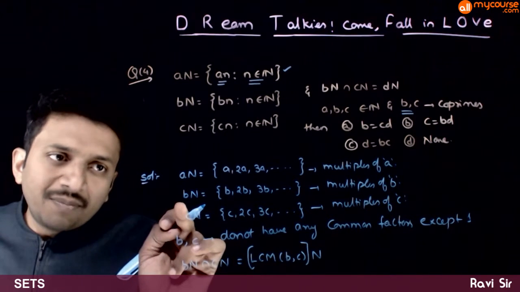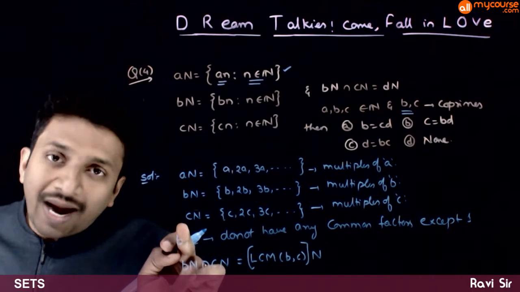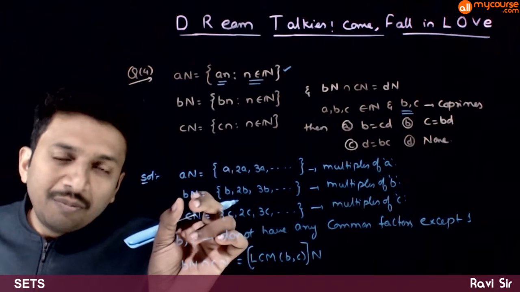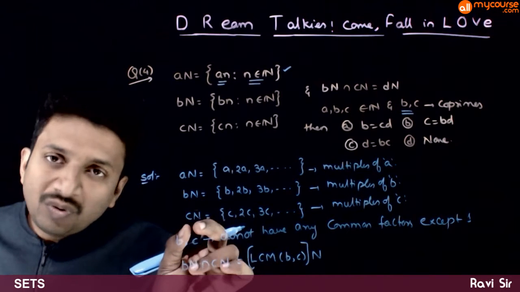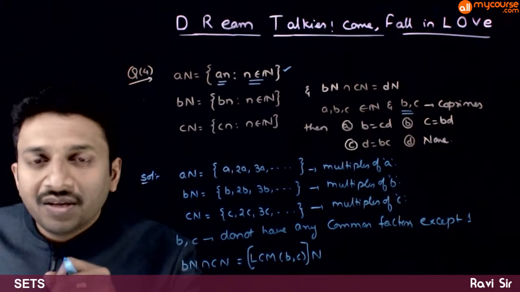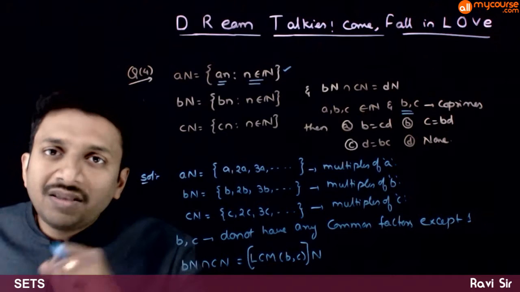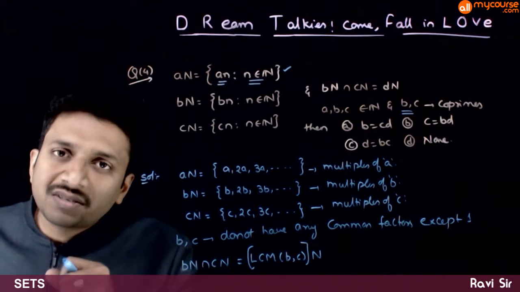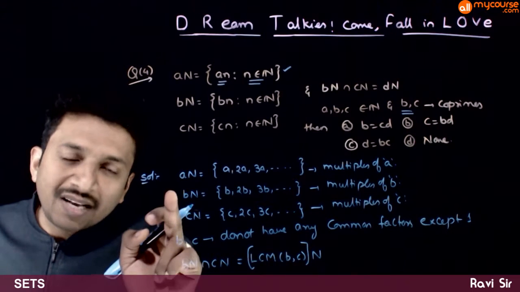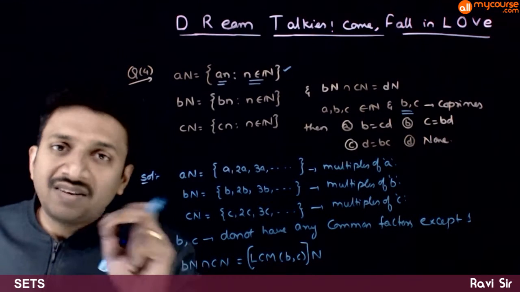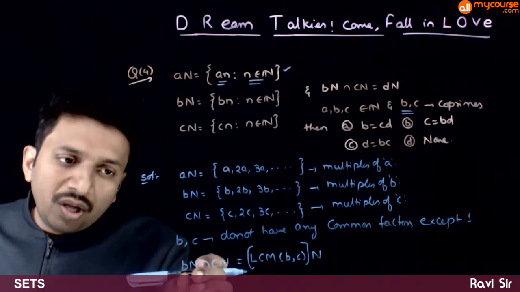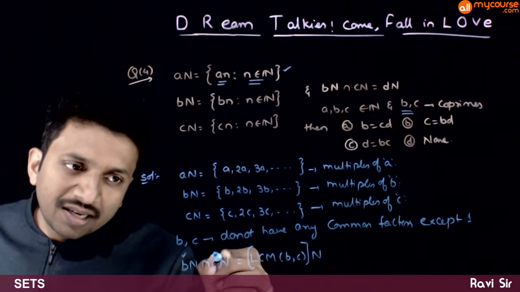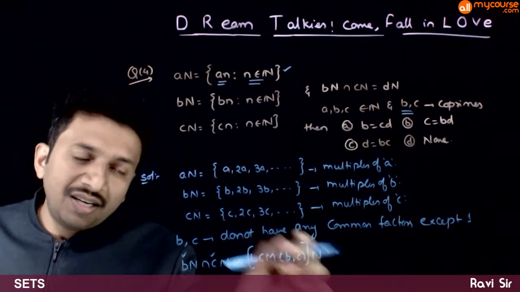Because if you take B as 2 and C as 3, Bn denotes the multiples of 2, Cn denotes the multiples of 3. So what are the common elements present in these two? The common elements are the multiples of 6. The multiples of 6 are there in 2n as well as 3n. So if you have to intersect Bn and Cn, you need to take the LCM of B and C of n.